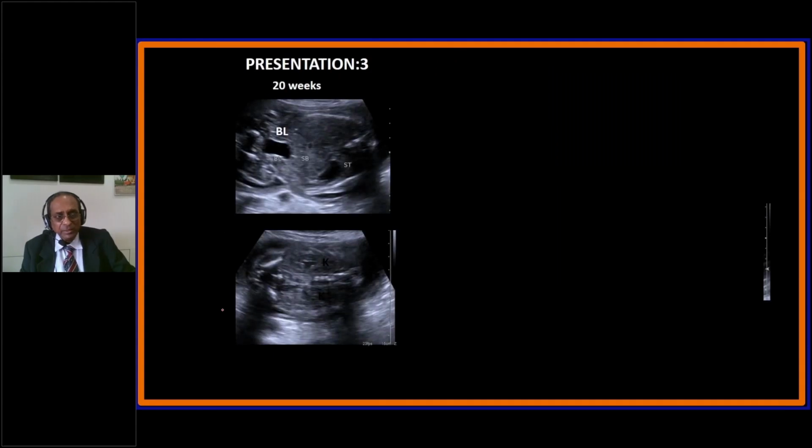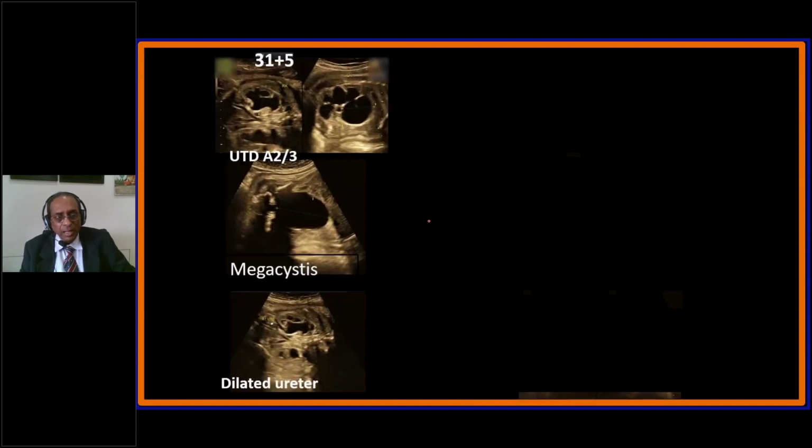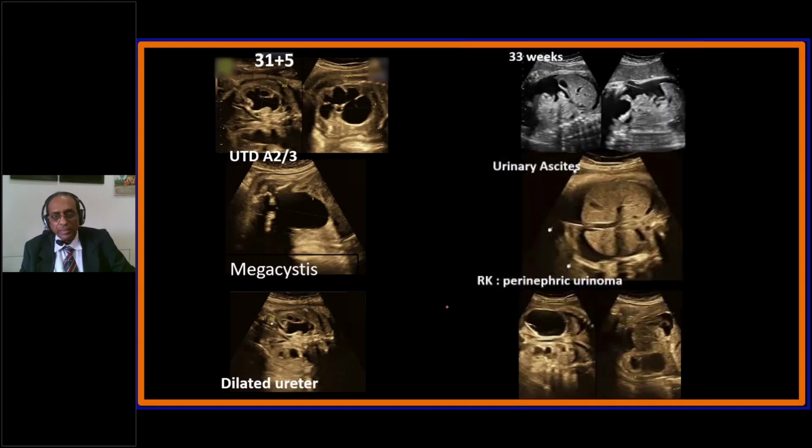The next presentation is a patient at 20 weeks. The kidneys look fairly normal. The bladder was also normal. When she came at 29 weeks, dilatation of the upper tracts can be seen. The liquor was normal, but the bladder was hugely distended, telling us there's probably a lower urinary tract obstruction. At 31 weeks, you can see a very large bladder and a dilated ureter.